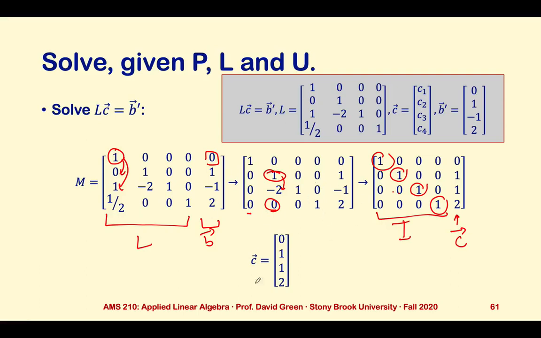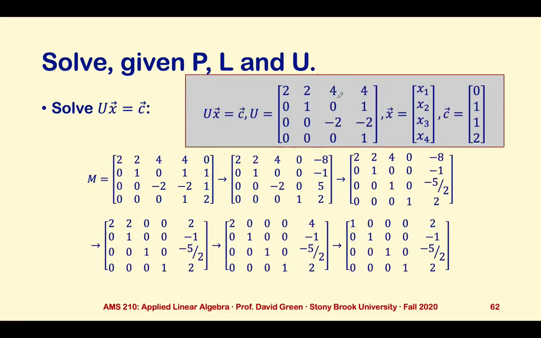Now that we have the C, we can plug that in to the second system, the upper triangular system, and solve. So here's our C that we just solved for, our upper triangular form that we mentioned before, and we solve in the same way.